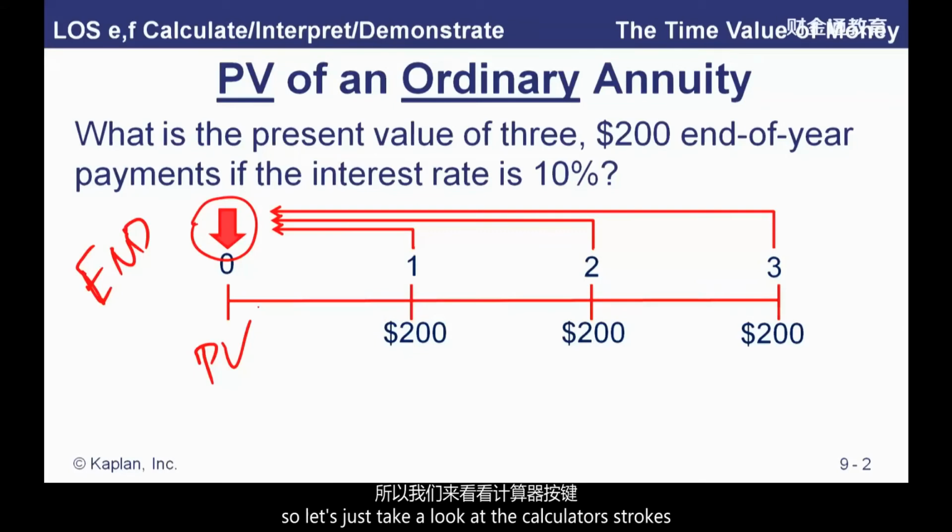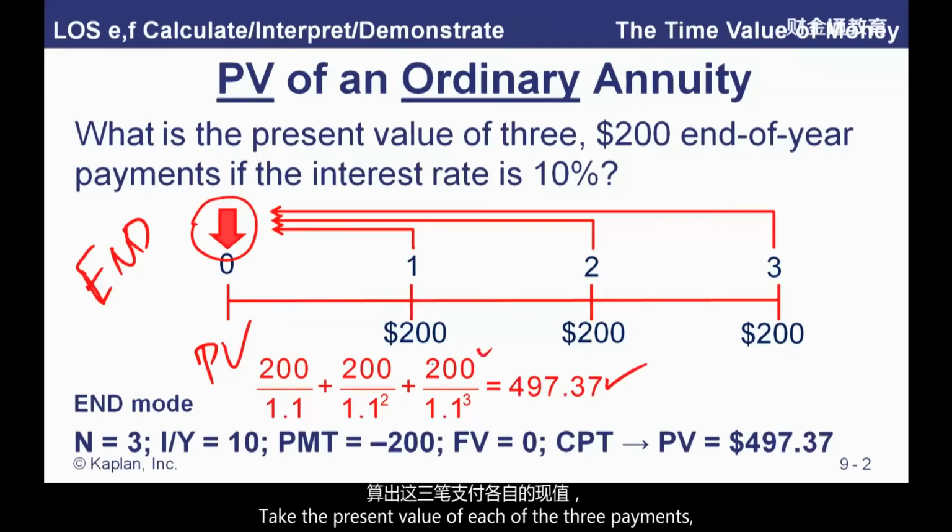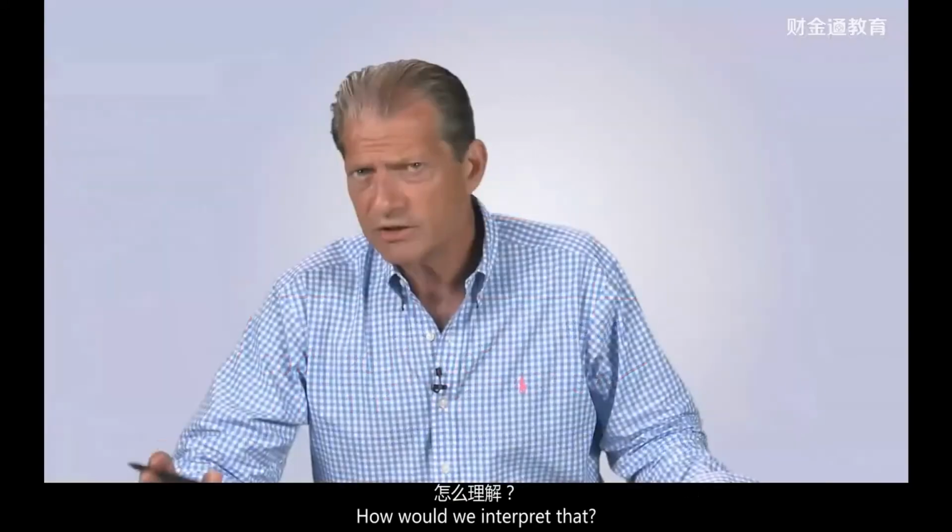So let's just take a look at the calculator strokes and the mathematics of it. So here's the way I just suggested we could do it. Take the present value of each of the 3 payments, add them all up, and get $497.37. How would we interpret that?